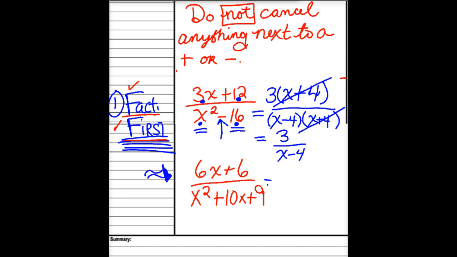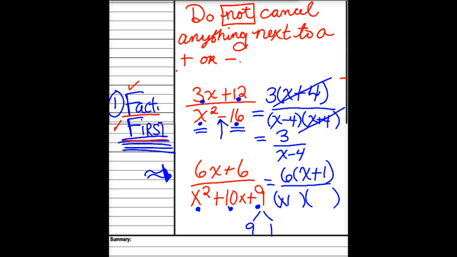All right, hopefully you noticed on the top that you can pull a 6 out. When you divide a 6 out of both of those, you get 6 times x plus 1. On the bottom, nothing comes out of both of these. When I see 3 terms and nothing coming out of both of them, I'm thinking unfoil. And 9 times 1 multiplies to equal 9, while at the same time adds up to 10.